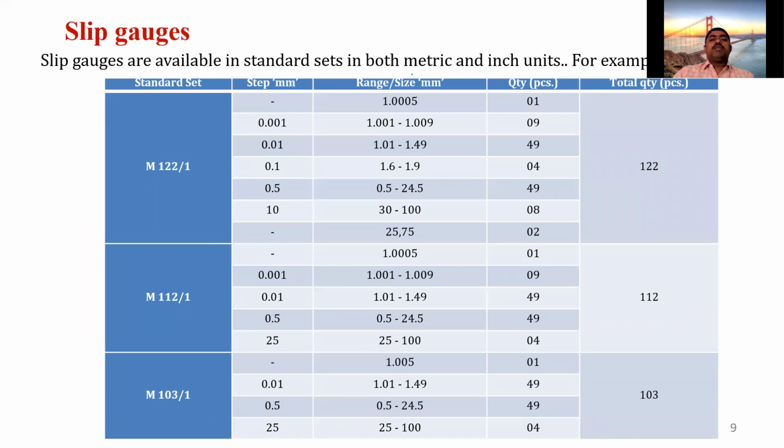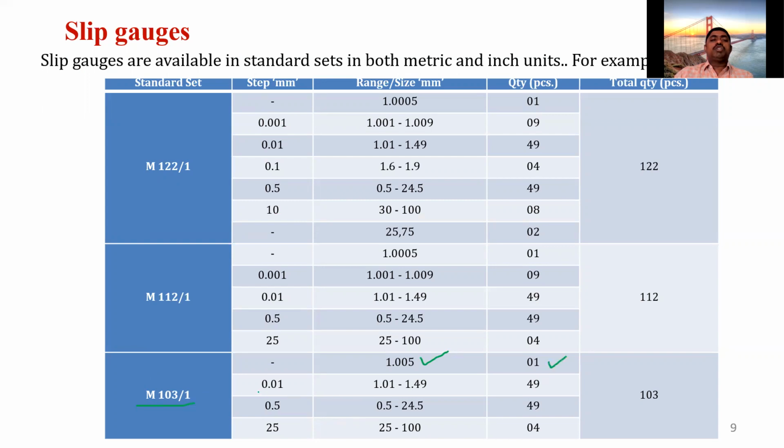So the slip gauges are available in standard sets in both metric and inch units. Let us, for example, consider the M103 slip gauge set. So this set consists of one slip gauge of thickness 1.005 mm, quantity 1 unit.